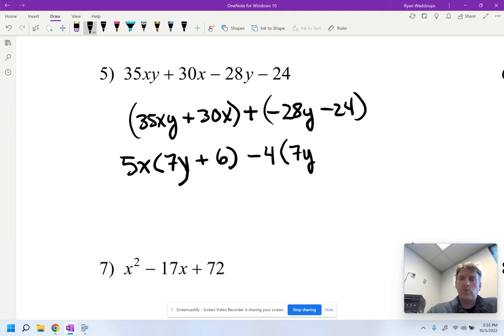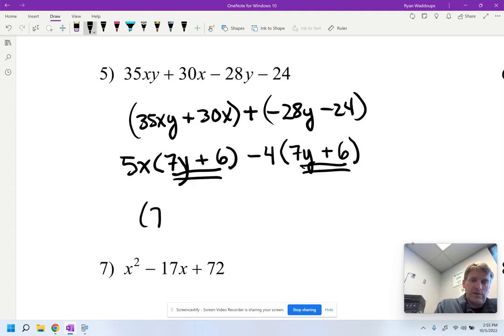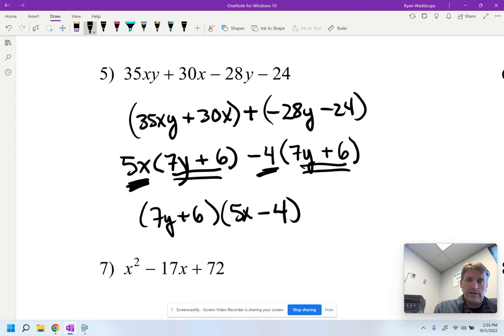And then negative 4 times positive 6 would be negative 24. And here I see that we have that common factor of 7y plus 6. We factor that out. We get 7y plus 6. And you factor out of the first one, you get 5x. You factor out of the second one, you get minus 4. And so the factors are 7y plus 6 times 5x minus 4.